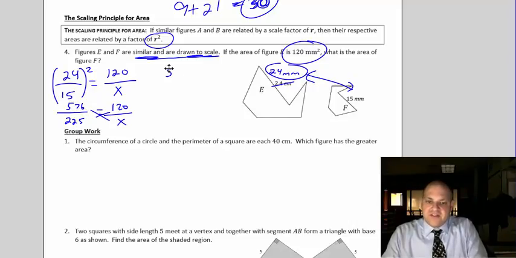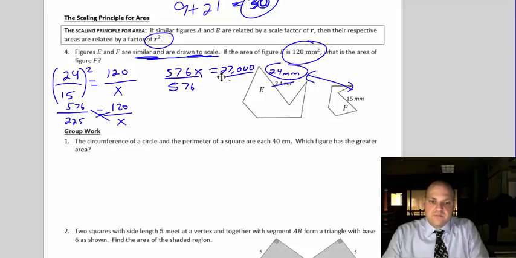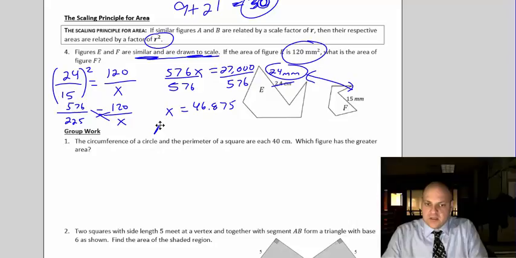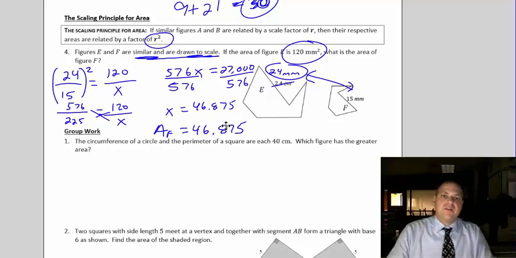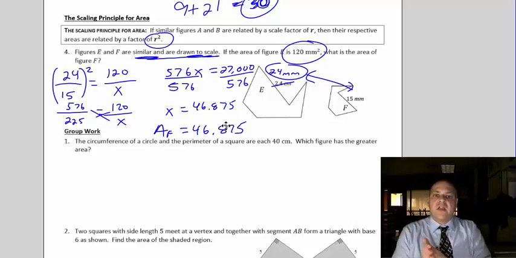So 576x equals, it comes out to be 27,000, and then divide by 576. And x, which is our area, comes out to be 46.875. So the area of figure F is 46.875. All right, see you tomorrow to work on area and circumference.